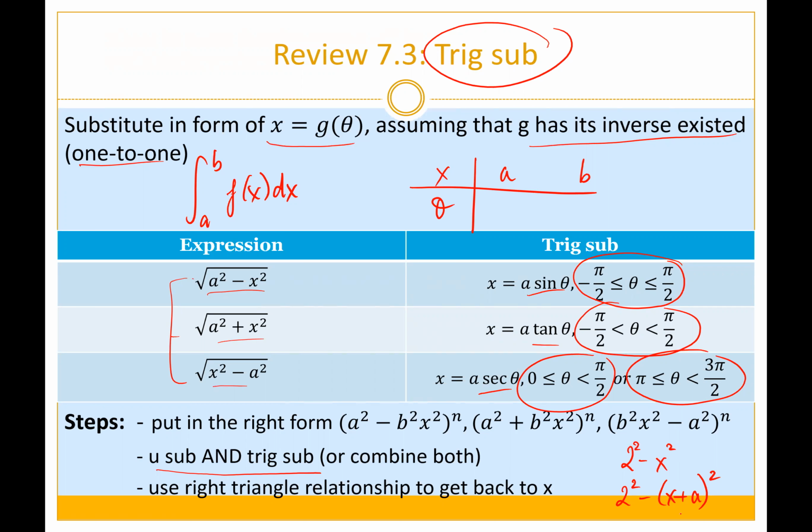So you put this as u. Then when you finish the integration and get the final answer in the form of theta, you have to use the right triangle formula to get back to x. And that will be our final answer.